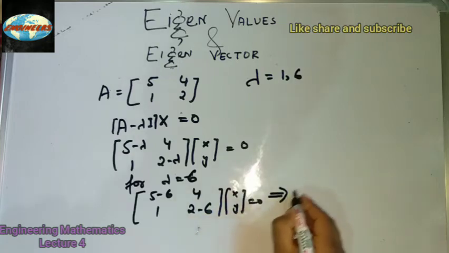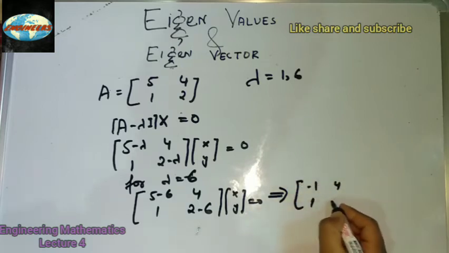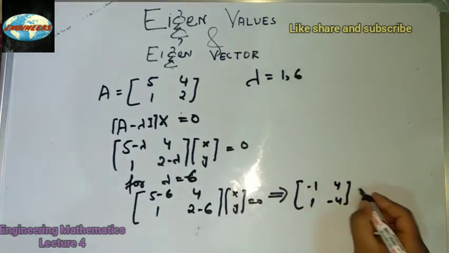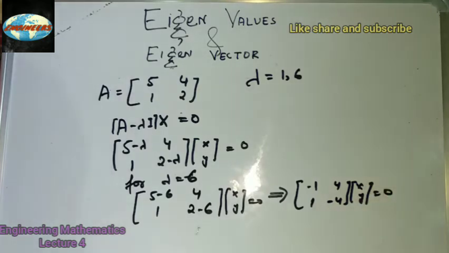So this gives us minus 1, 4, 1, minus 4, into x, y is equal to 0. Now representing in terms of equations: minus x plus 4y is equal to 0, and x minus 4y is equal to 0. These are just the same equation, so this represents just one equation.